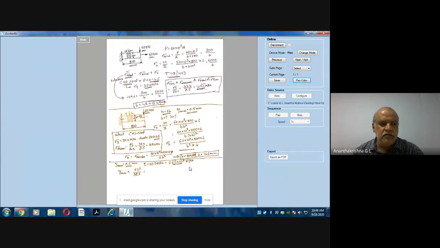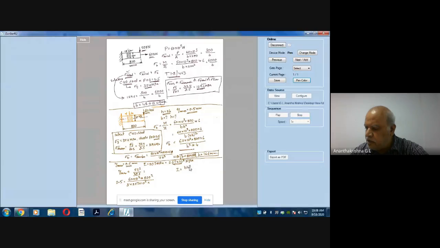And Y max he has given you as 0.5. What is F here? 60 kilonewton, 60 into 10 power 3. What is the length of the beam? 800 cube divided by 3 into, what is Young's modulus? 207 into 10 power 3 megapascal into moment of inertia. We can calculate I separately also.